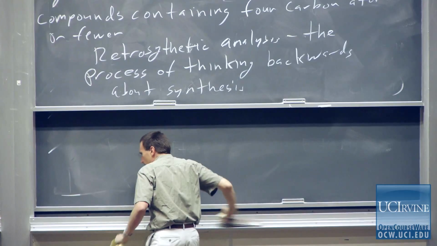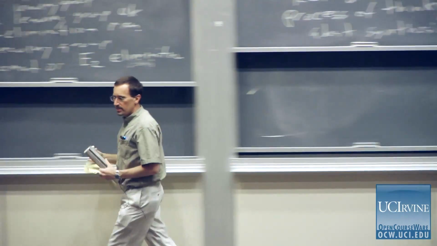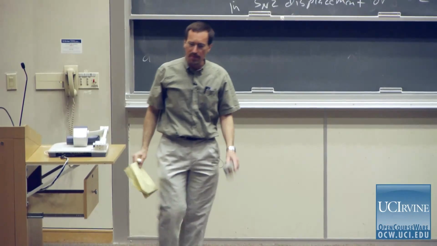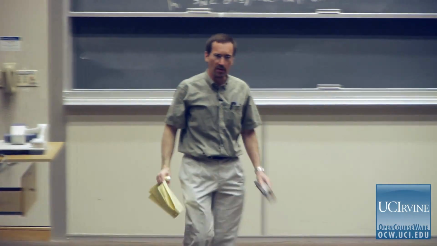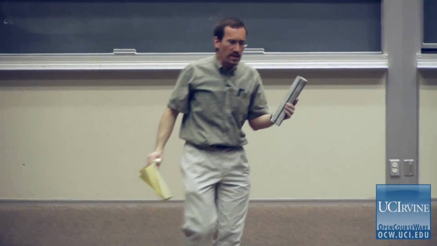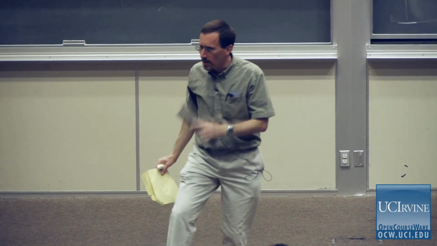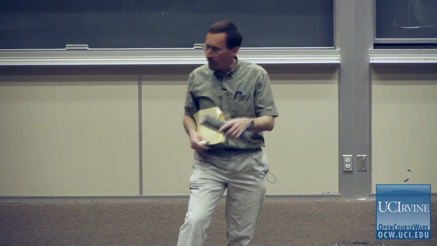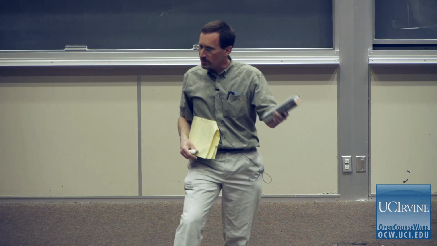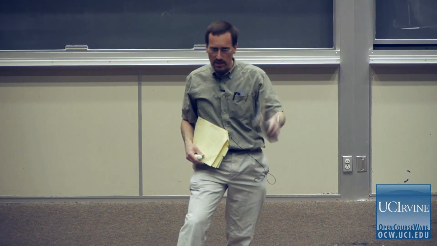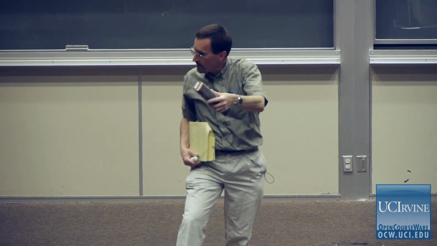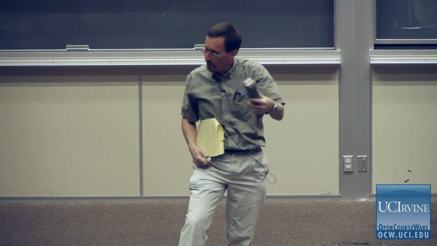And the reason retrosynthetic analysis is so powerful, the reason that the process of thinking backwards is so powerful, is it's so easy to get caught up in details when you try to look at things from a forward point of view that it's very hard to see how to get there from here, from compounds containing 4 carbons or fewer.